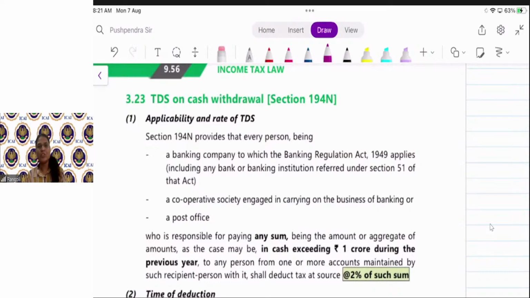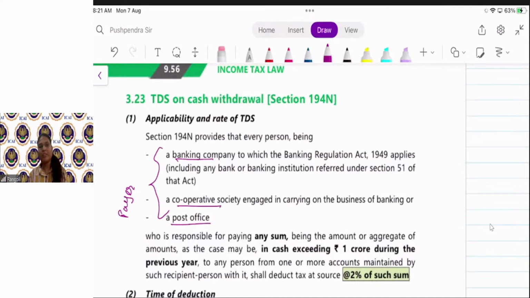Chalo, next is section 194N, that is TDS on cash withdrawal. If you are making any withdrawal from a bank, cooperative society or post office, here the payer is the bank, cooperative society or post office.